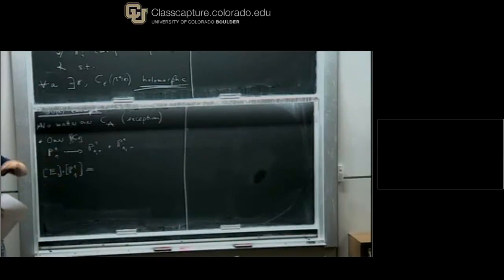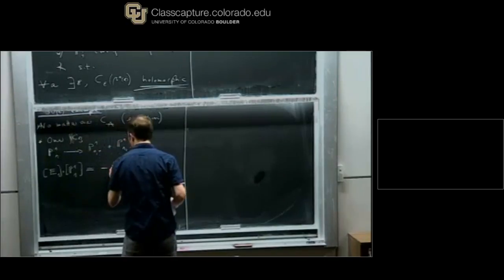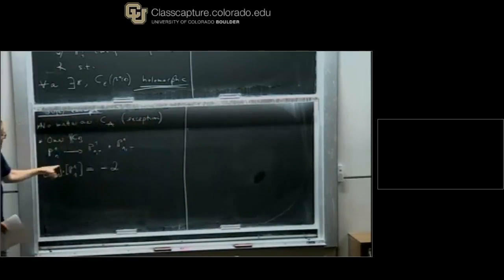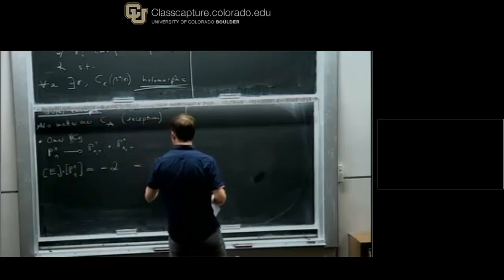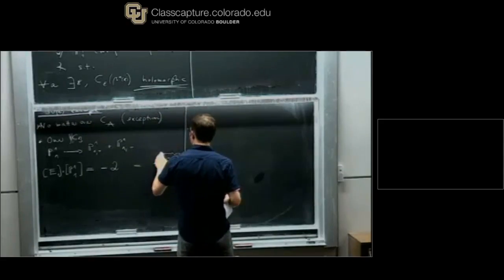That's what happens over the entire divisor. Say again? -2. This is -2. Because this should be the diagonal entry of the Cartan matrix.